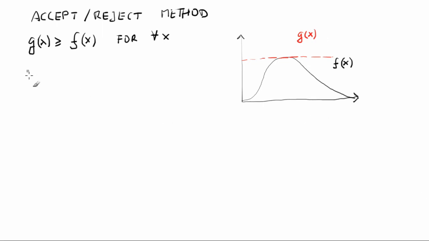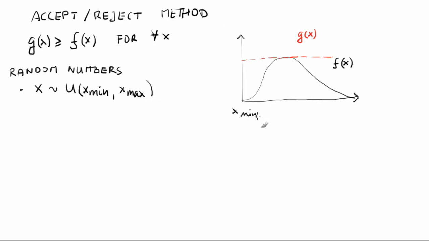Then, we start generating pairs of two uniformly distributed random numbers. The first one, x, is drawn from the uniform distribution on an interval x-min to x-max. The second one, u, is drawn from the uniform distribution on an interval 0 to g of x.